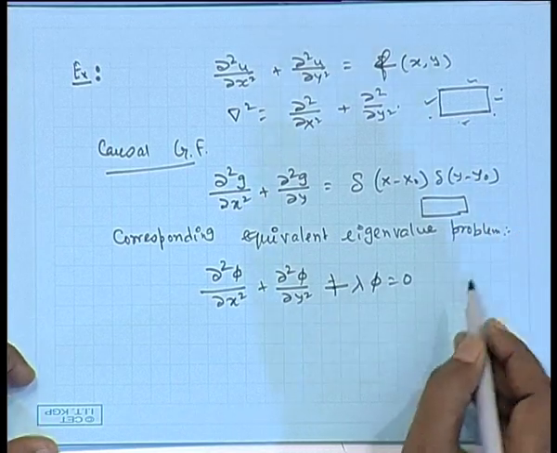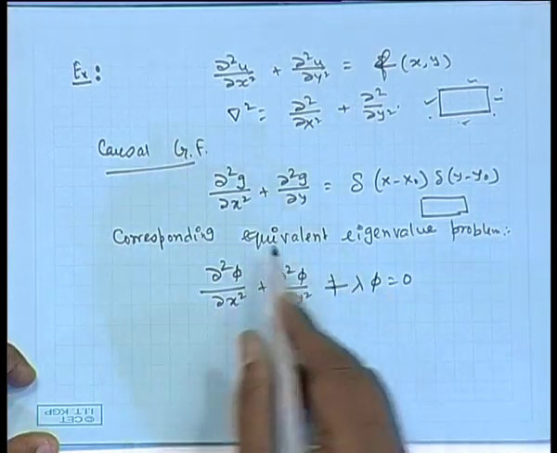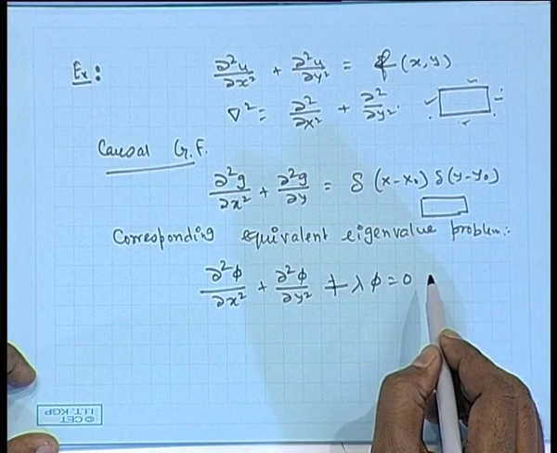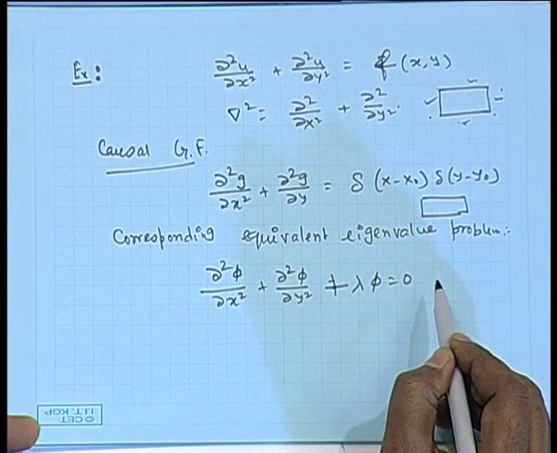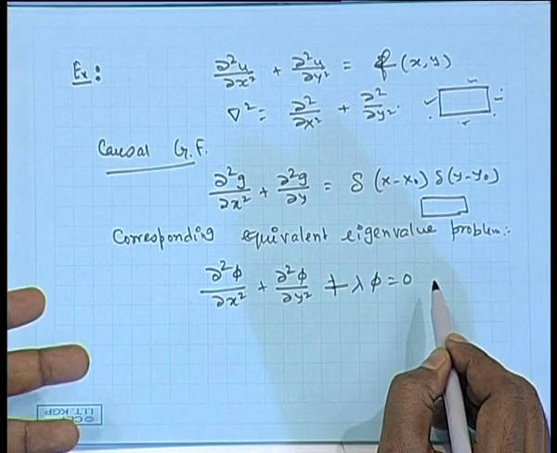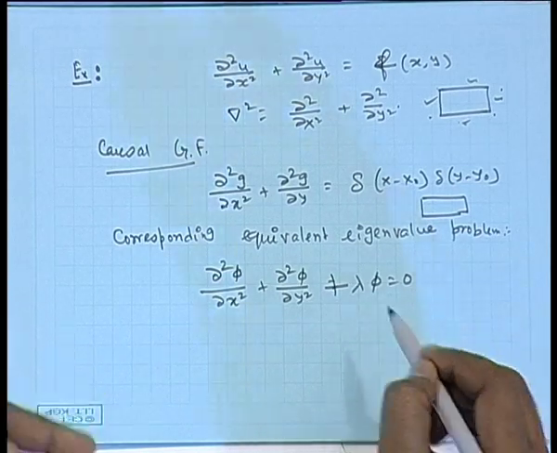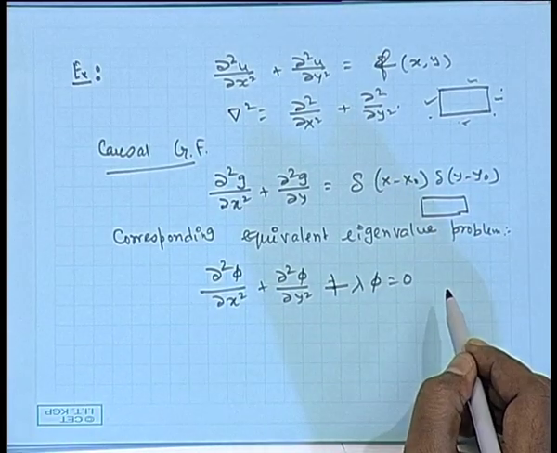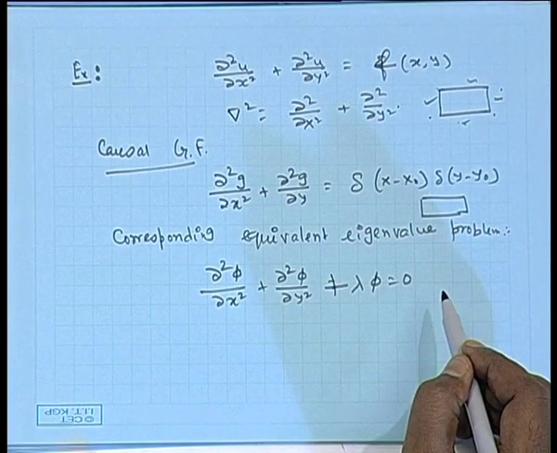Okay. Similarly, phi, whenever you are solving the corresponding eigenvalue problem, all the boundary conditions on phi, on all the 4 surfaces, will be equal to 0, because the standard eigenvalue problem means all the boundary conditions have to be homogeneous.